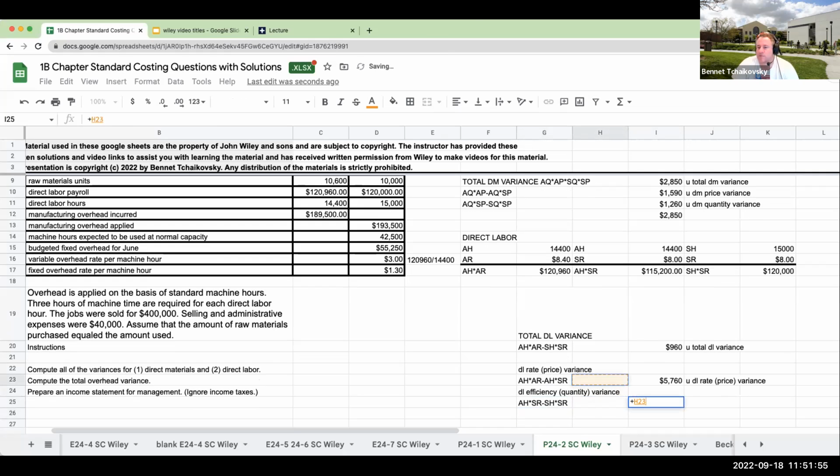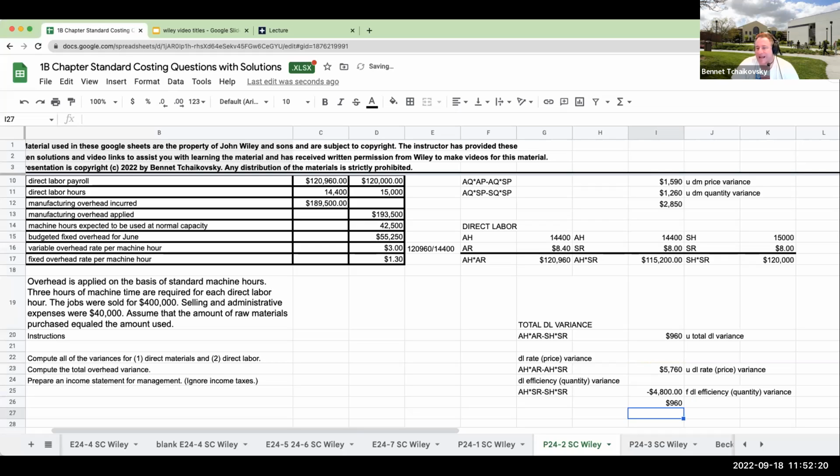So over here, it's going to be 115.2 minus 120, or over here at 4,800. This is going to be favorable because I used less hours than I had budgeted. So this is going to be a favorable direct labor efficiency, or what Wiley calls quantity variance. And what I always want to do is add up these two numbers. It has to equal the total variance. Okay, so that's for direct labor.